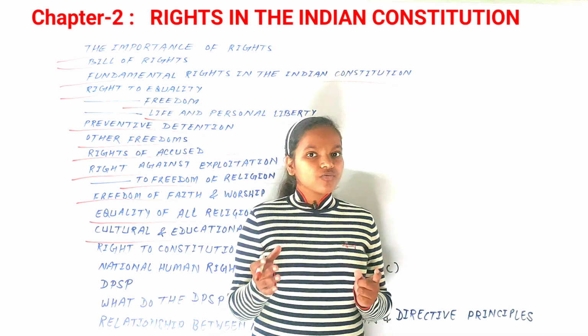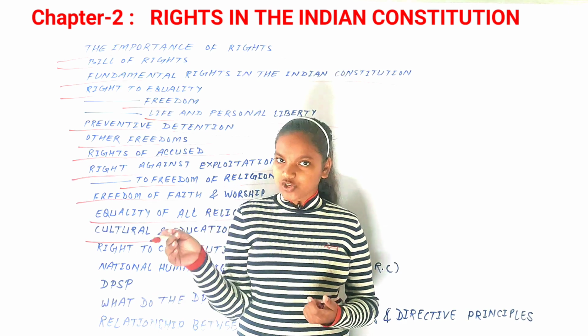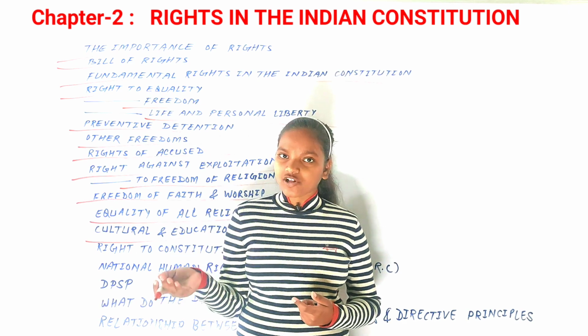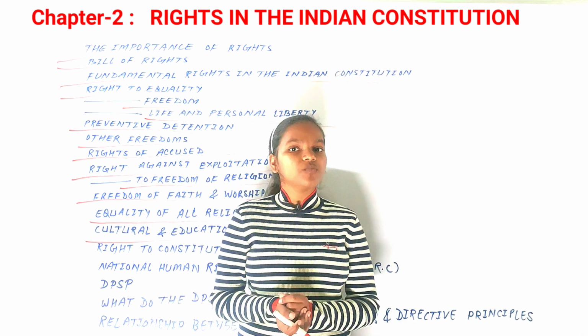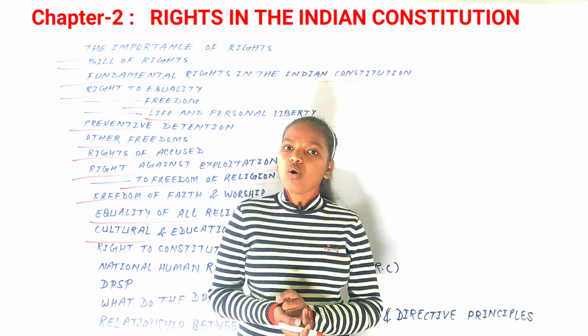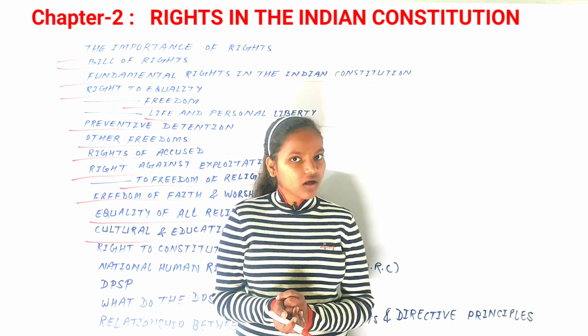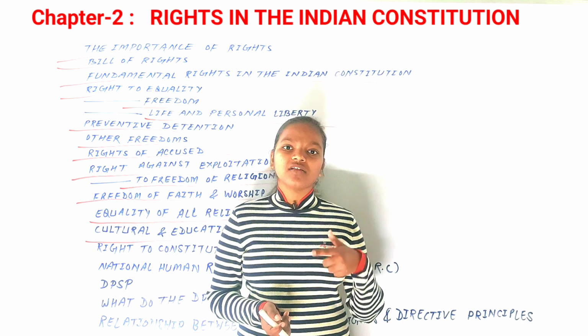This right gives minority people, not just on the basis of religion but also linguistic or cultural, the right to preserve their culture. Also, they have the right to set up their own educational institutions from which they can preserve their culture, their language and their traditions.